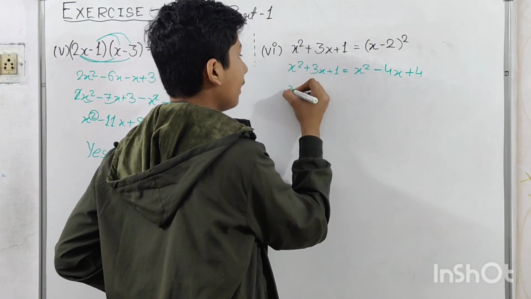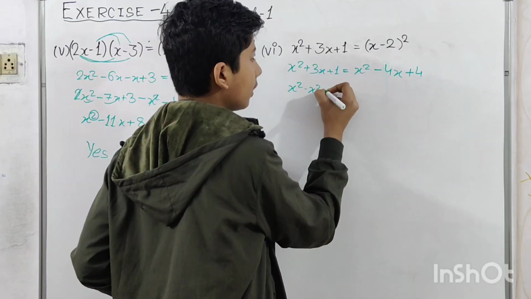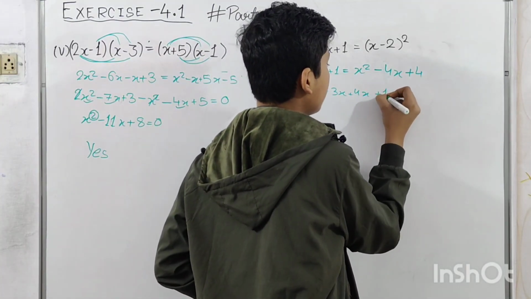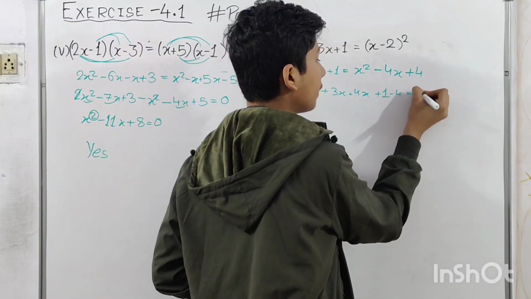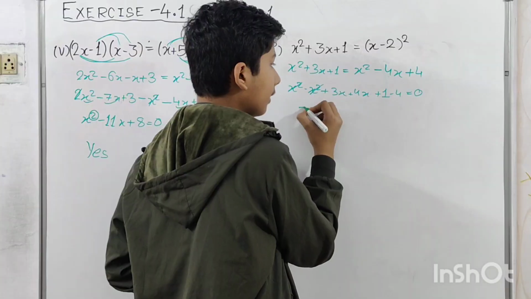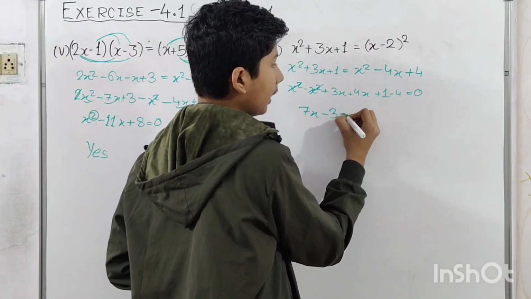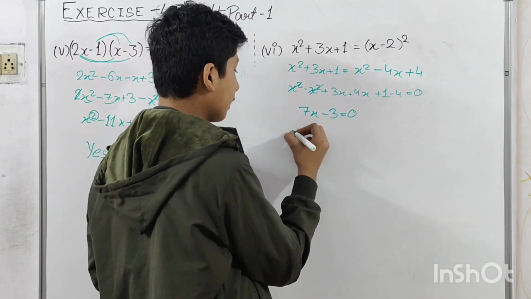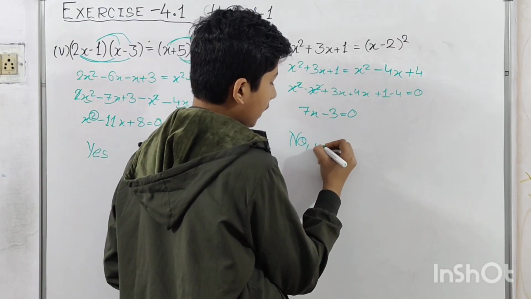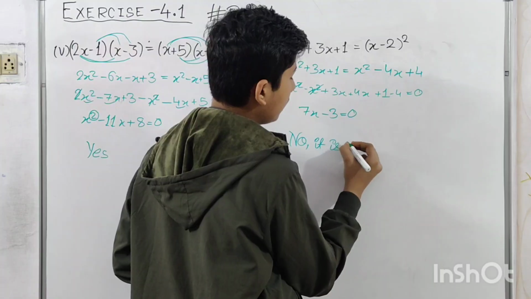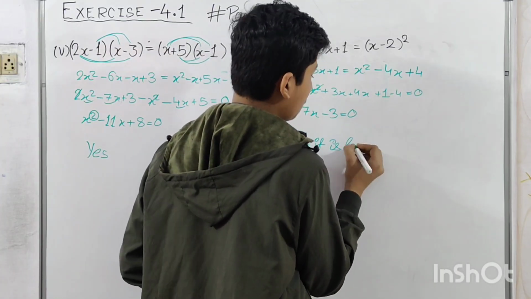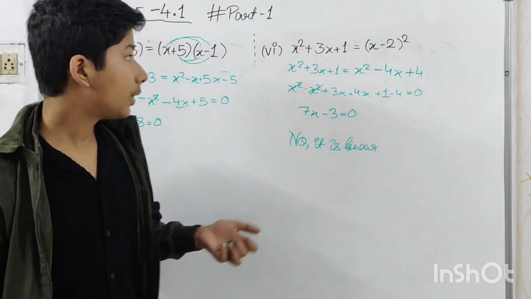When we send it that side, x square minus x square plus 3x plus 4x plus 1 minus 4 equal to 0. Now x square and x square are getting cancelled, and 7x minus 3 equal to 0. But this is linear, so answer will be no. It is linear, but not quadratic. I hope this is also clear.